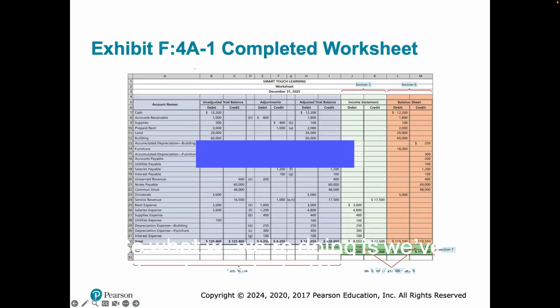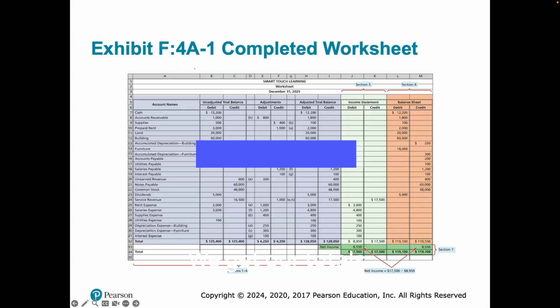So what we're doing is we have our unadjusted trial balance. We created our adjustments and made sure we put in our entries, and then using our entries and transferring over the amounts, taking into consideration our adjusting entries, we now have our adjusted trial balance, which we can transfer into our income statement. First, we're going to transfer over service revenue, our revenue, and our expenses.